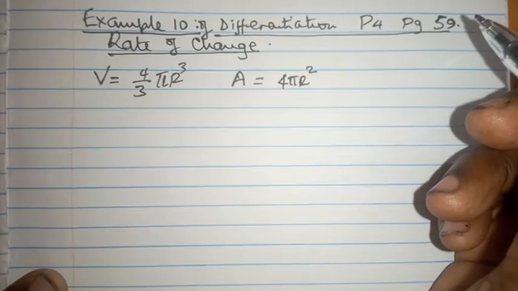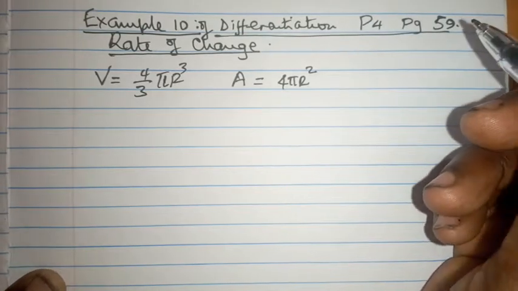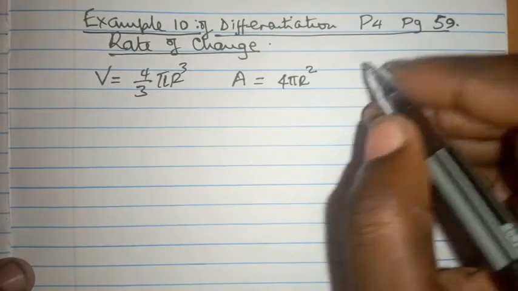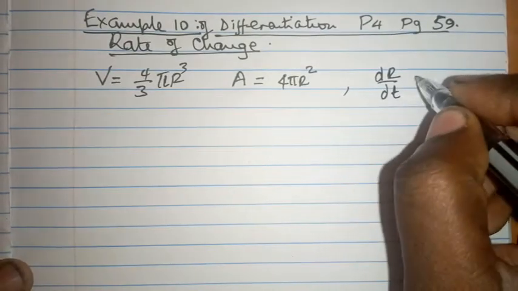So we are supposed to talk about dr/dt, the rate of change.